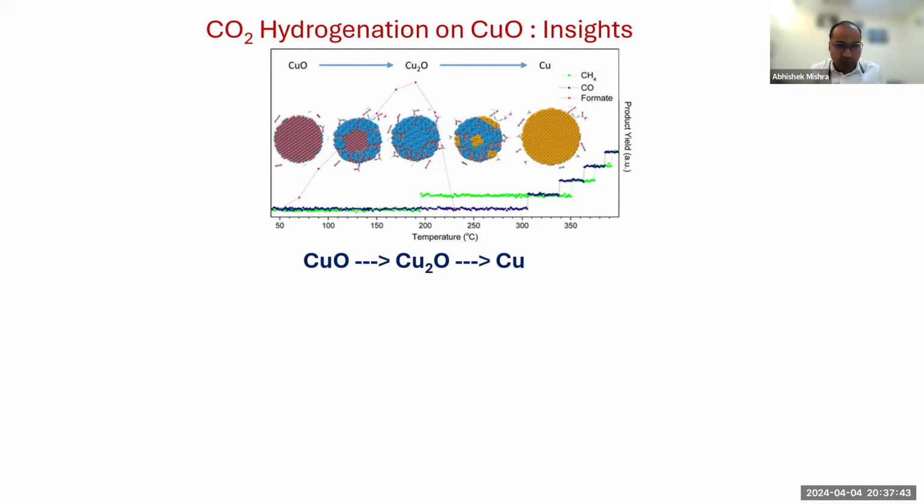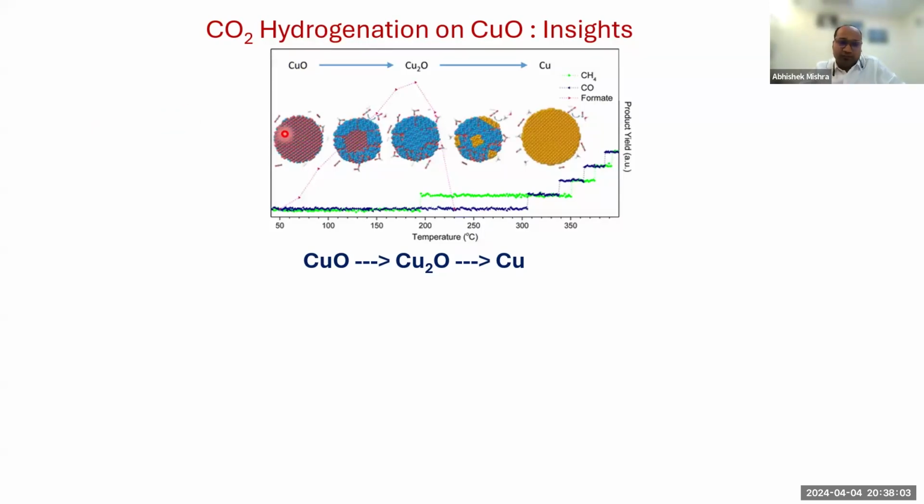This is the DRIFTS analysis result from our experimental colleagues at University College London at that time. What they did was they started from CuO nanoparticles here, and they bombarded hydrogen gas in the chamber, and they had two observations.